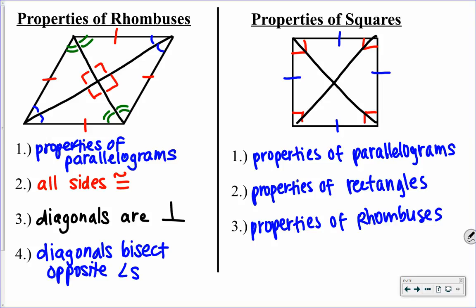So basically everything is congruent to each other and you have 90-degree angles everywhere.